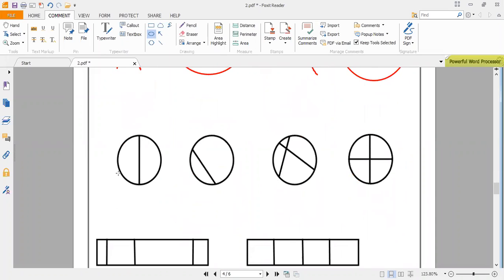Dalida, I want to choose the figures that show equal parts. So the first one. This circle shows equal parts or no? The first circle is two equal parts.